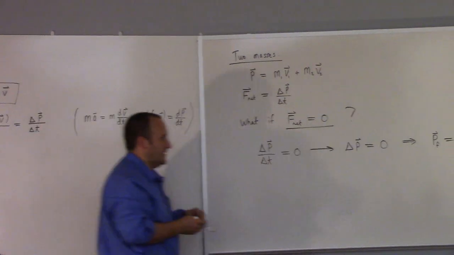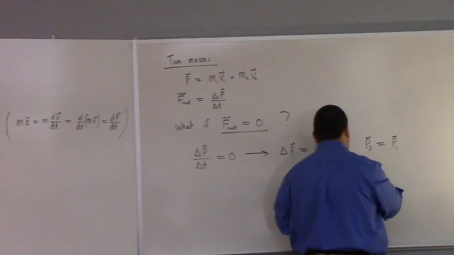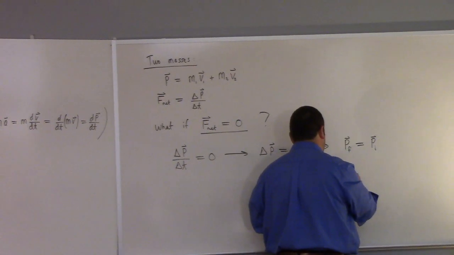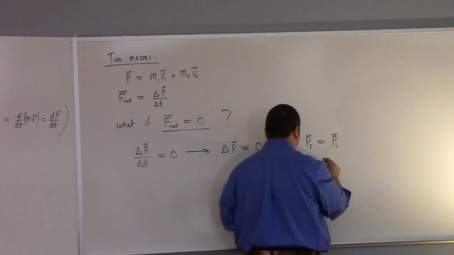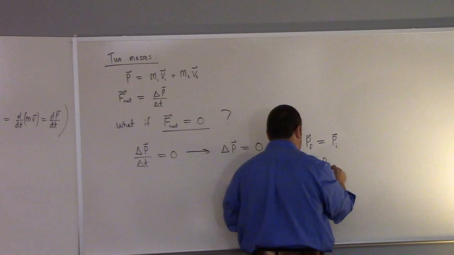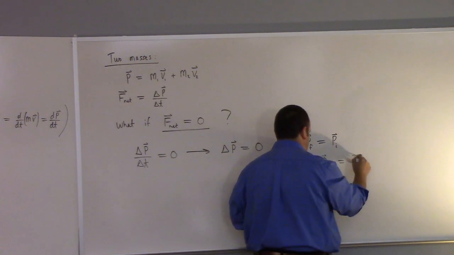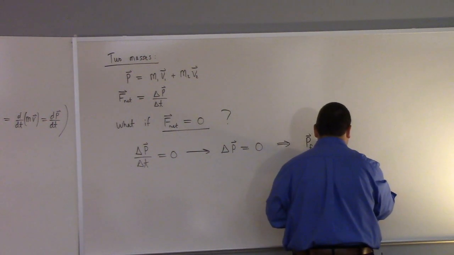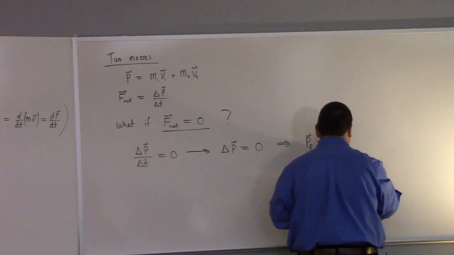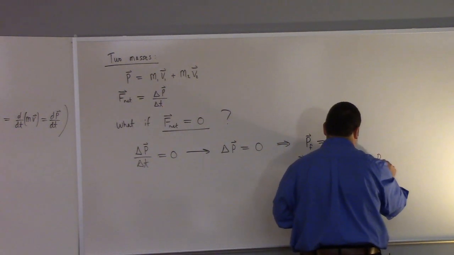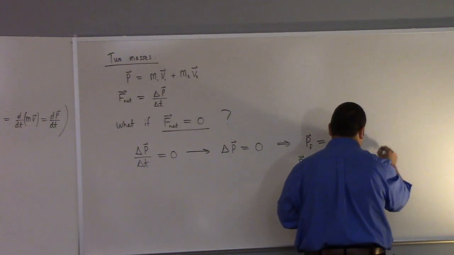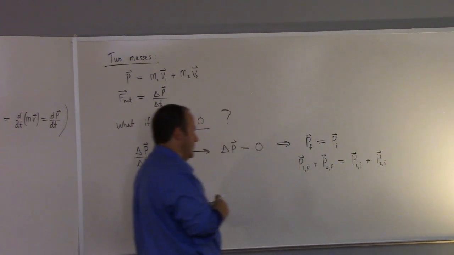We have the final momentum for the first mass plus the final momentum for the second mass is equal to the initial momentum for the first mass plus the initial momentum for the second mass. Momentum is conserved.